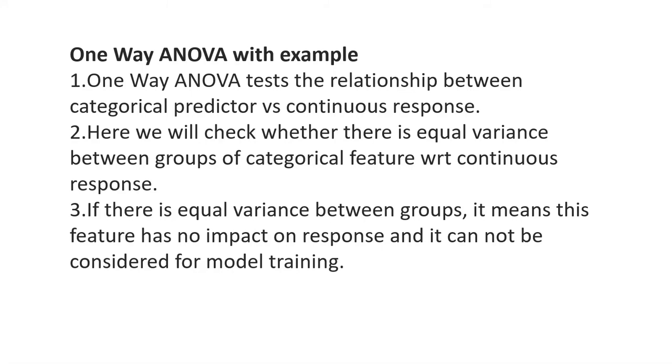If there is equal variance between the groups, it means that the feature has no impact on the response and cannot be considered for model training. I hope this is clear.